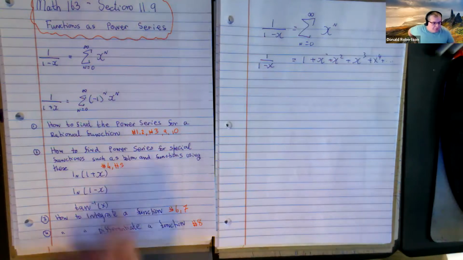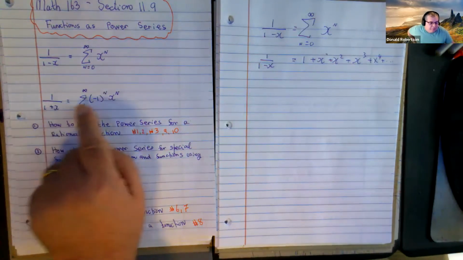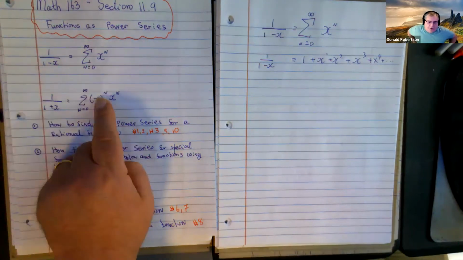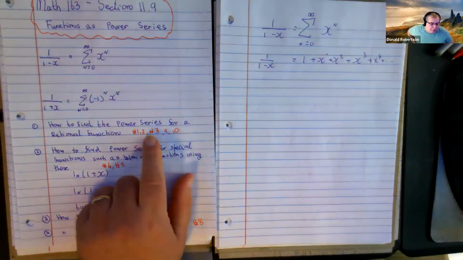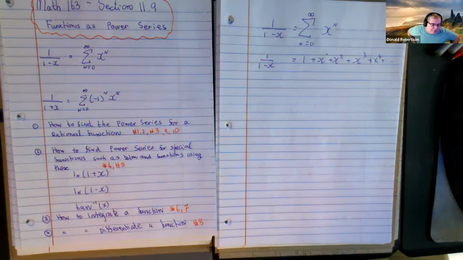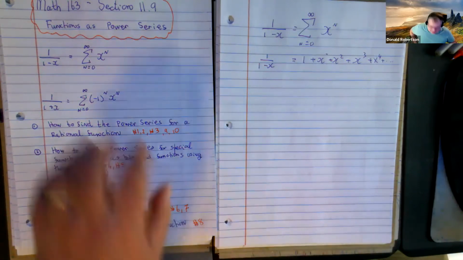And this one here is equal to that power series. And we are going to use these two as building blocks to find the power series for other fractions, other rational functions. About 5 out of the 10 questions are going to be of this type.